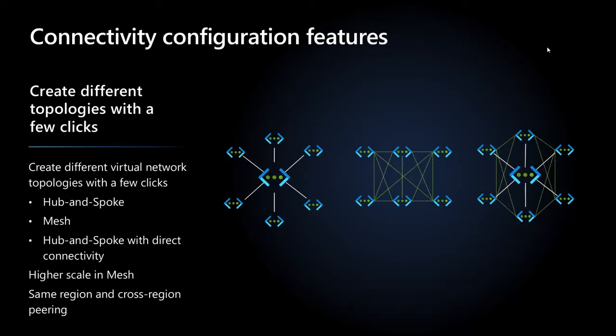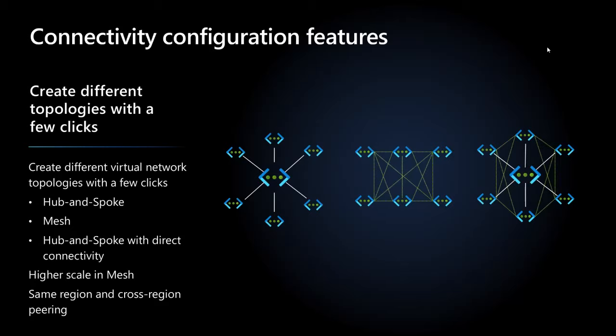Traditionally, creating these topologies can be cumbersome and very hard to scale, especially if you consider a mesh topology. The number of connections you need to create using peering could be very massive. So this is where you can make it simple by having Network Manager.